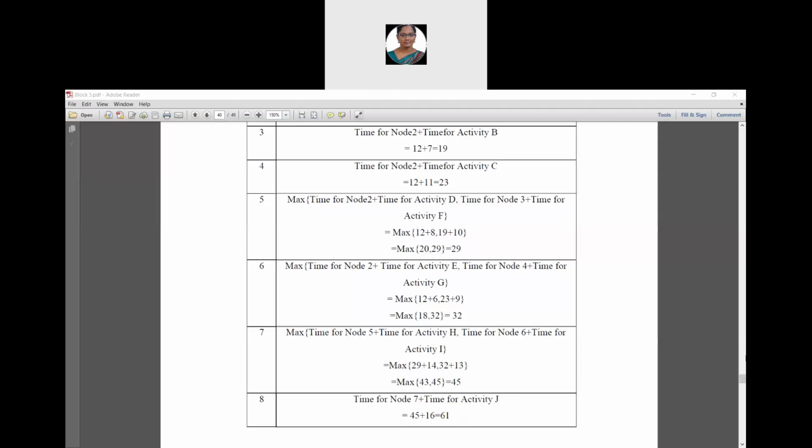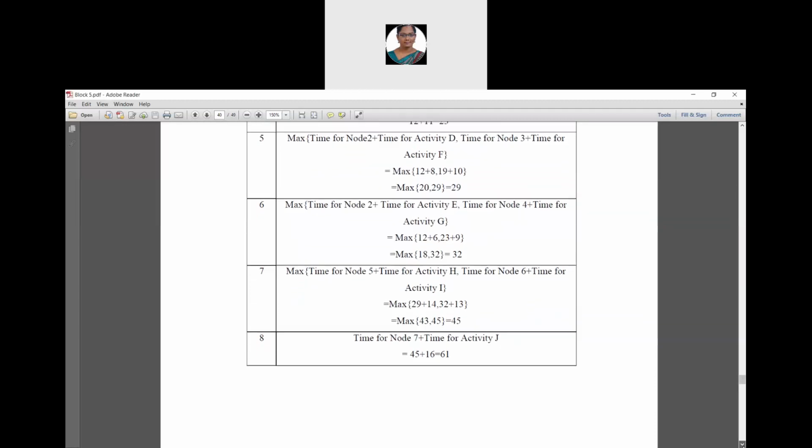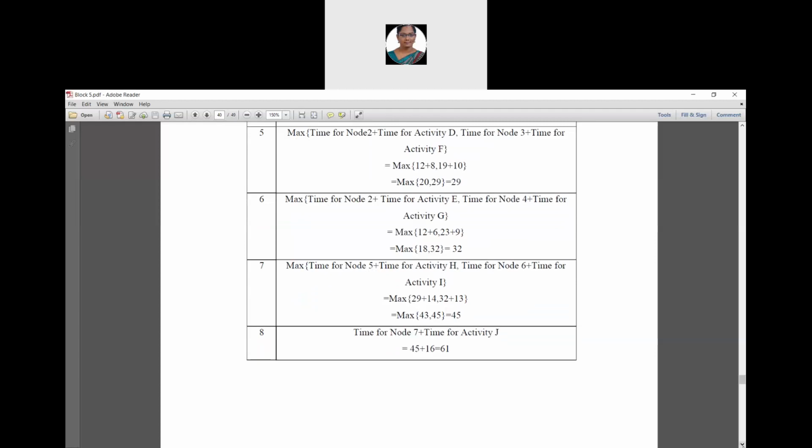Then for node 6, here also we have to pick the maximum value. So maximum of earliest start value for node 2 plus time for activity E and earliest start value for node 4 and time for activity G. Therefore, maximum of 18 and 32 is 32.